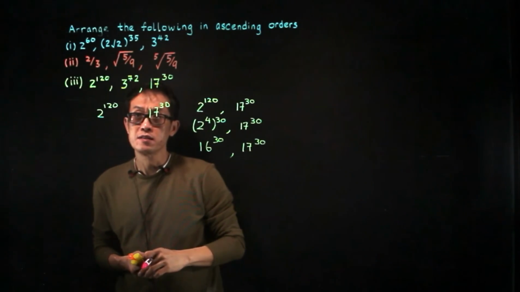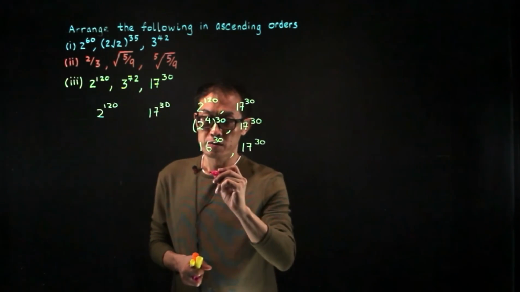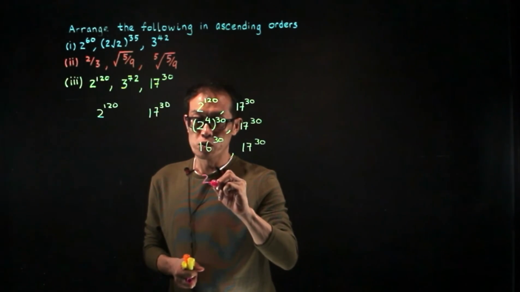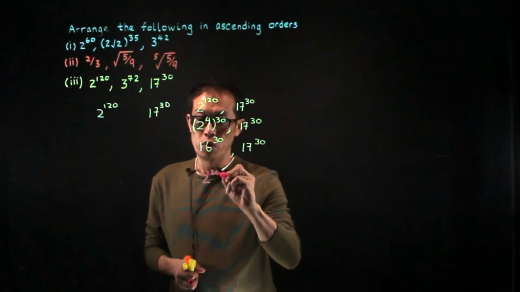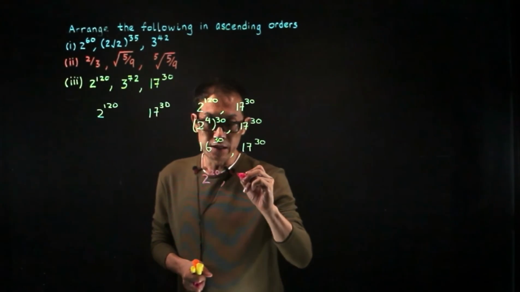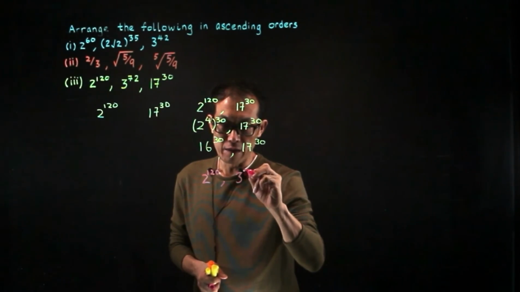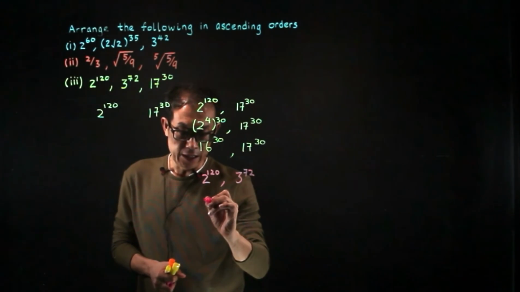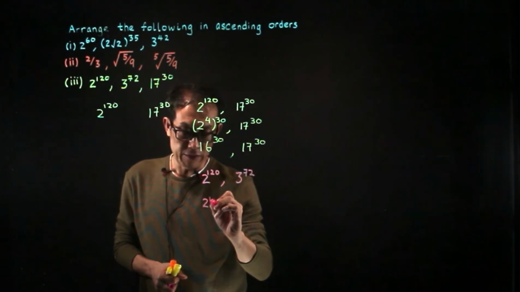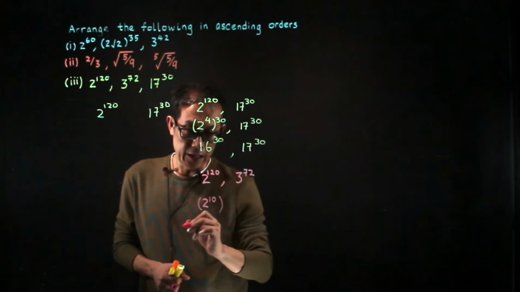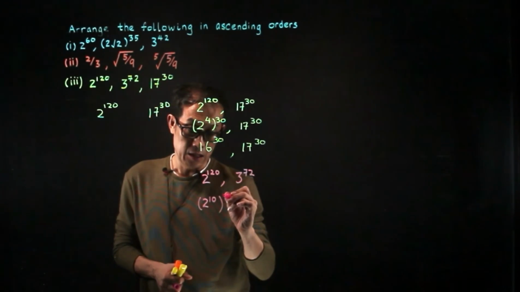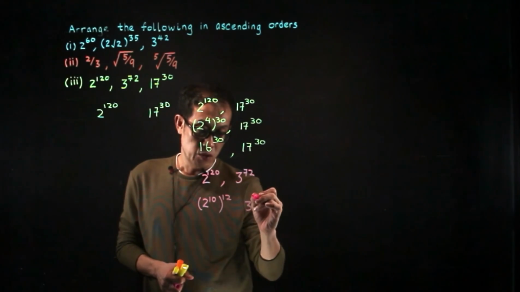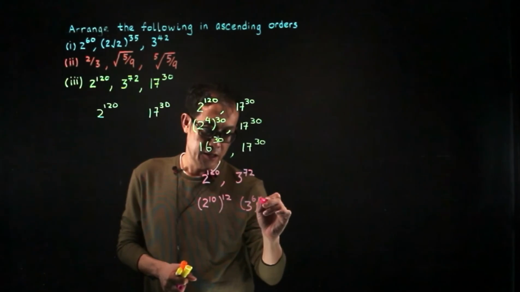So I have 2 to the power of 120 comparing against 3 to the power of 72. Now I take 12 out from the index, so I have 2 to the power of 10 against, this is 12, and then so this is 6, and then this is to the power of 12.